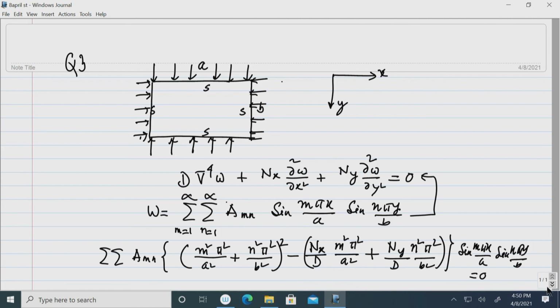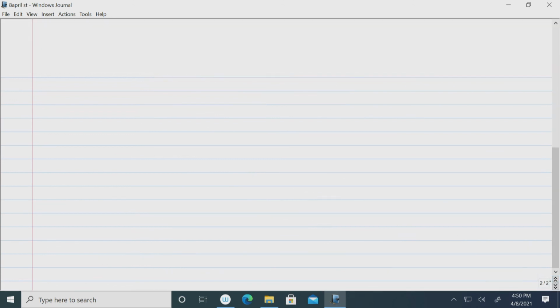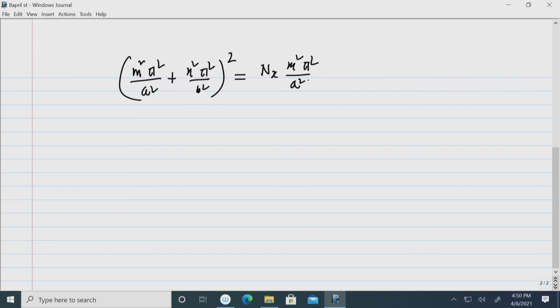Now, naturally for a non-trivial solution of this buckling load, we have to obtain that (m² π² by a² plus n² π² by b²) whole squared equals N_x m² π² by a² D plus N_y n² π² by b² D. This equation is obtained for the non-trivial solution.